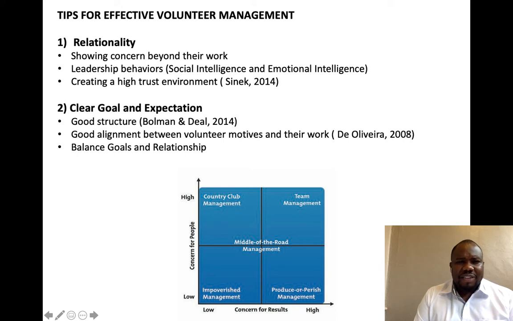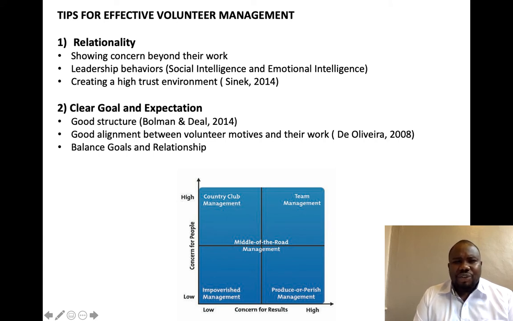This means showing concern for volunteers beyond their work, checking on them even after work, and valuing them for the human beings that they are. Then also leadership behaviors like social intelligence and emotional intelligence are quite important when dealing with volunteers.